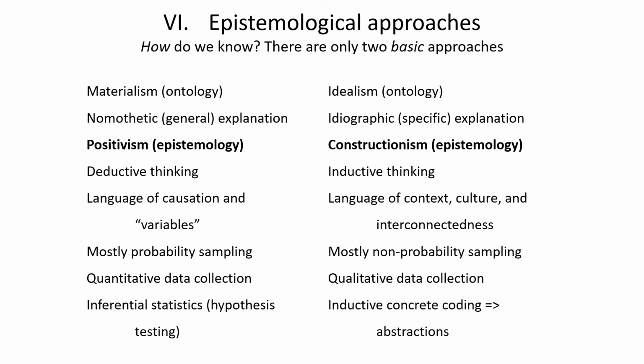There are two basic epistemological approaches in sociology and really in the social sciences. One's positivism, one's constructionism. And they originate in ontology. You have assumptions about what's real. People are fundamentally bodies.